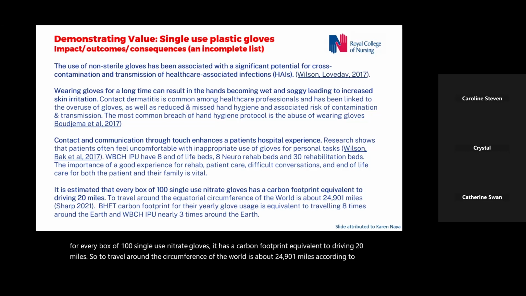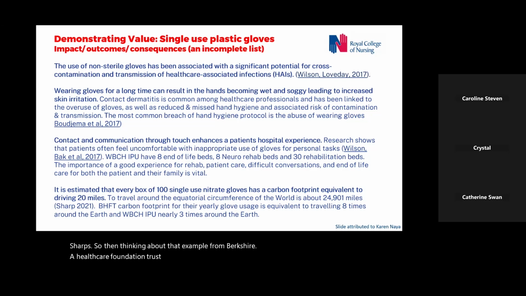So then thinking about that example from Berkshire Healthcare Foundation Trust, the carbon footprint for their yearly glove usage is the equivalent to travelling 8 times around the Earth. And then obviously the IPU example, nearly 3 times round the Earth. So it's a lot to think about, and then obviously that would then be starting them to think about their carbon footprint as well.